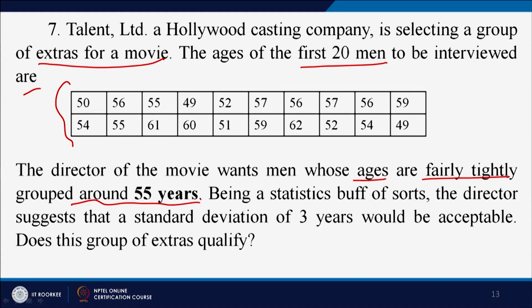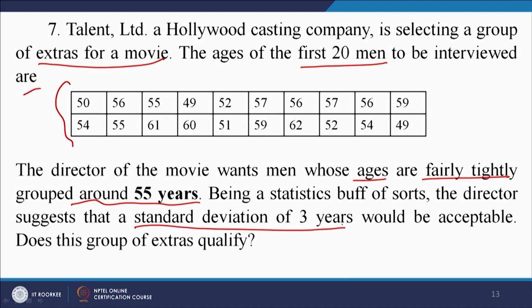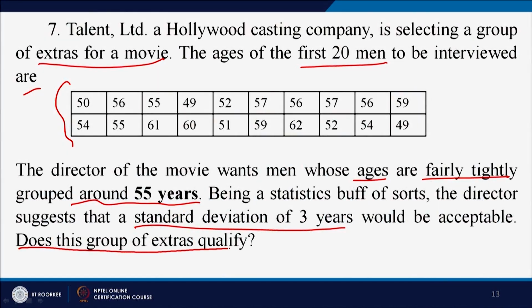Now being a student of statistics, the director suggests that a standard deviation of 3 years would be acceptable. So, he is ready to even accept those men who fall in mean plus minus 3 standard deviation. Does this group of extras qualify? So, we have to take a decision over here.